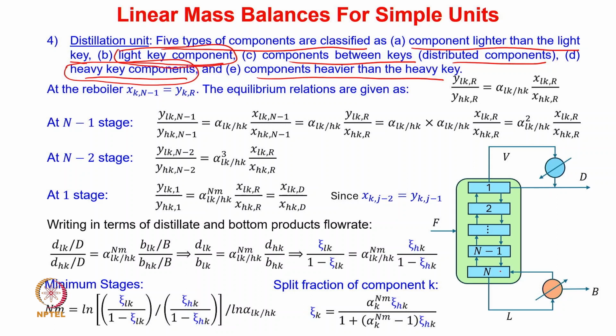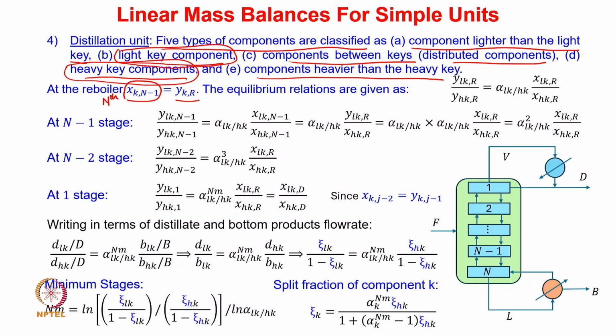So if we are taking the nth stage here, at the nth stage the mole fraction of the liquid coming in the nth stage is this, and the mole fraction of the vapor going out from the nth stage is ykr.